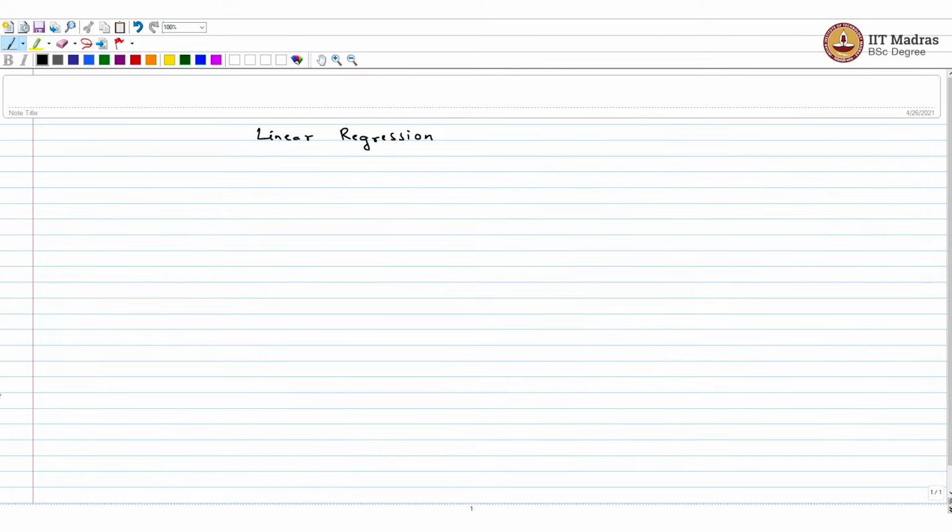Today I'll be covering linear regression, something that we have looked at before. So let's understand. We have looked at the scalar version of this, but it could be generalized to a d-dimensional parameter. So what is given? We are given data x1, y1 until xn, yn.